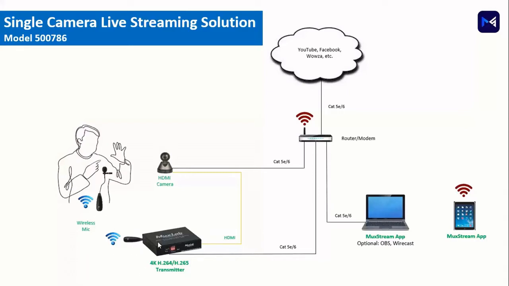And then both the audio and the video are transmitted to the broadcast service of your choice, be it YouTube, Facebook, etc. Again, we offer you an app that runs either on a Windows platform or an iOS or Android mobile device. And you can then use our software. The software is free to download, and it allows you to manage this in a very user-friendly manner.